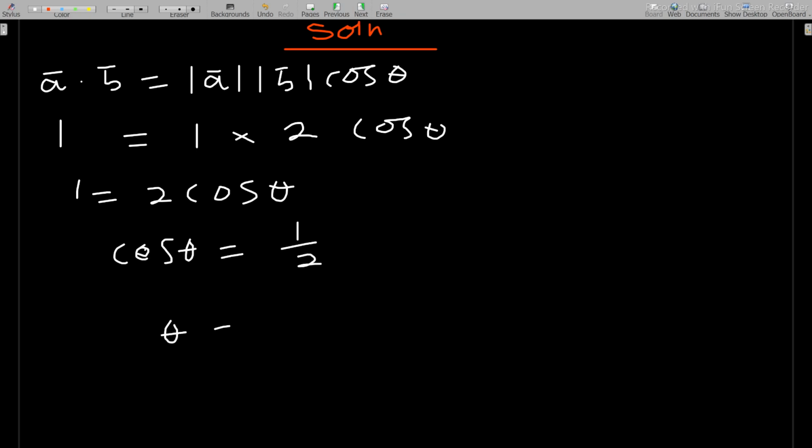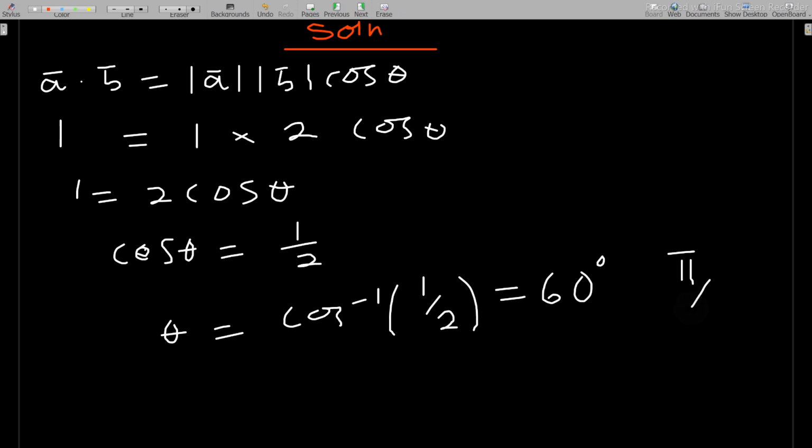So theta will be equal to the cos inverse of 1 over 2, and if you put this on a calculator, you are supposed to get 60 degrees, or in radians pi over 3. I hope you get it. So that is it for the question.